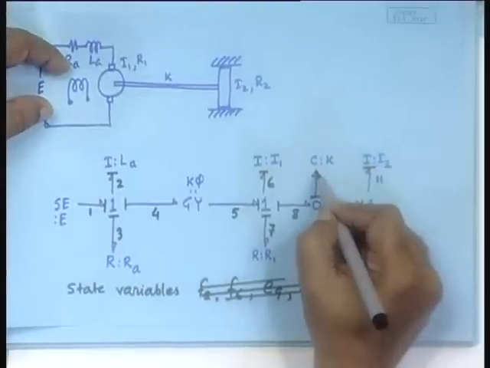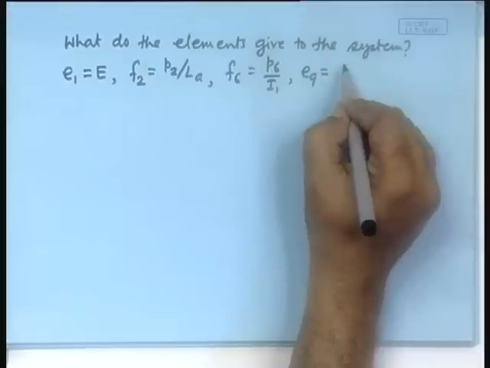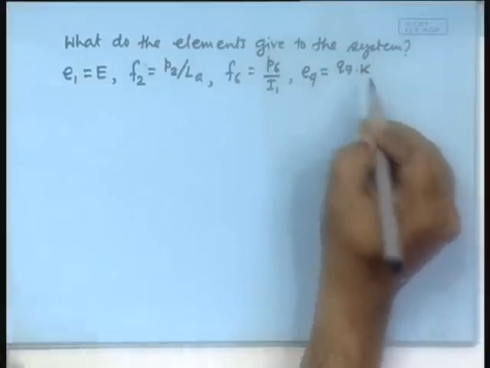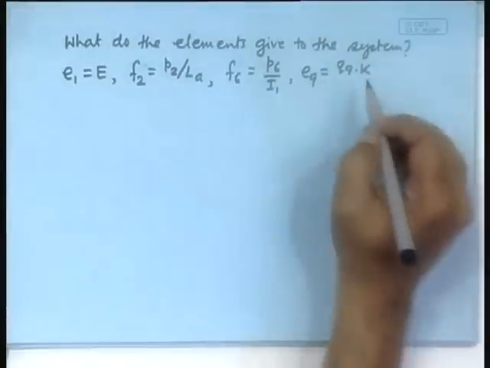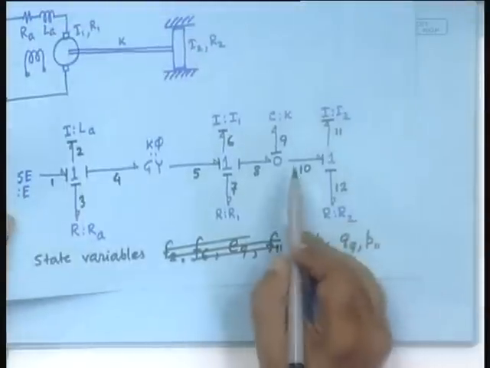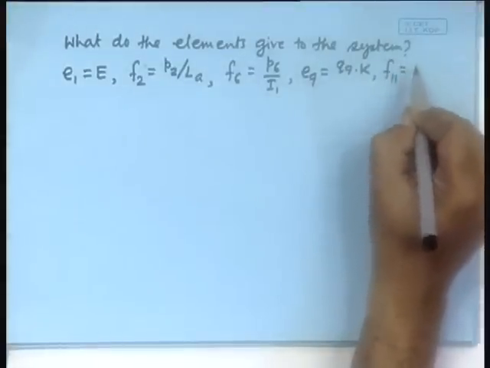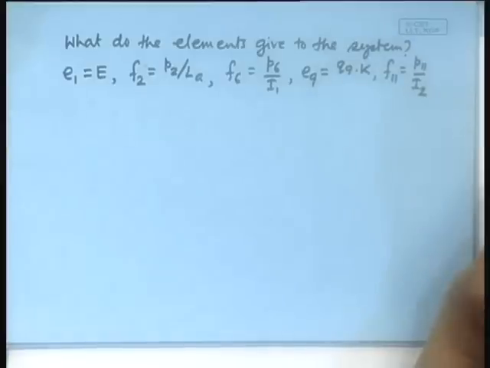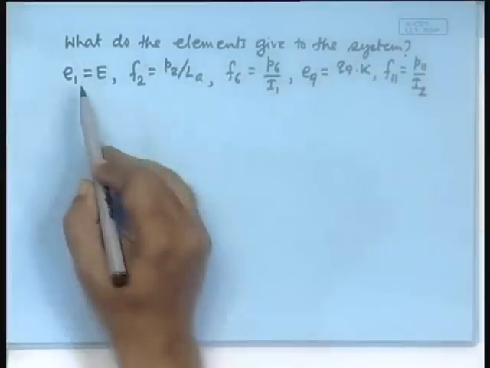This gives E9, E9 is Q9 times K. And F11 is P11 by I2. So, we have done it for all the storage elements and the source.